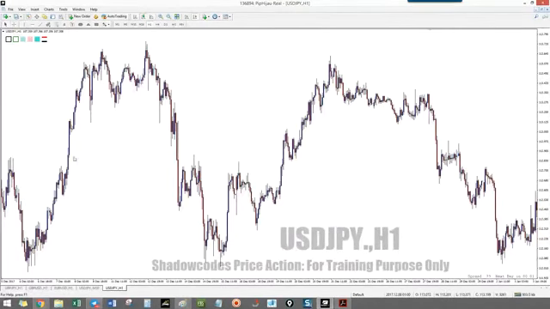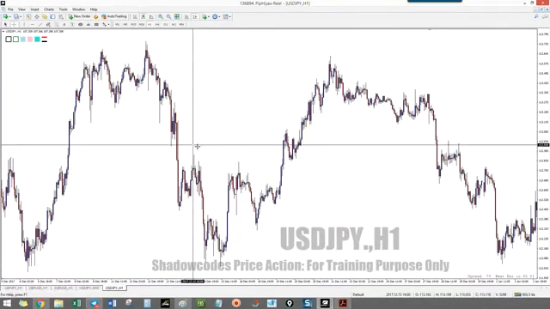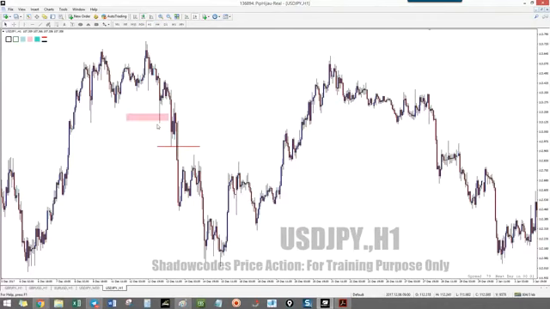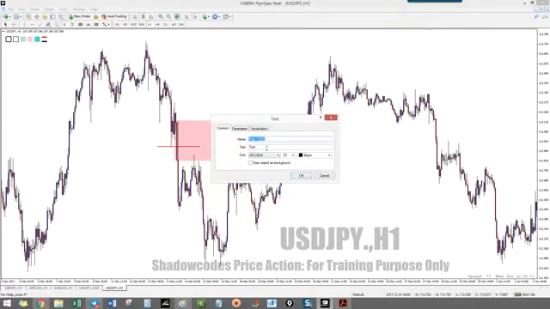Where is the reaction? QMD, not SRD. This is SR. This is the decision point. Okay, this is SRD.